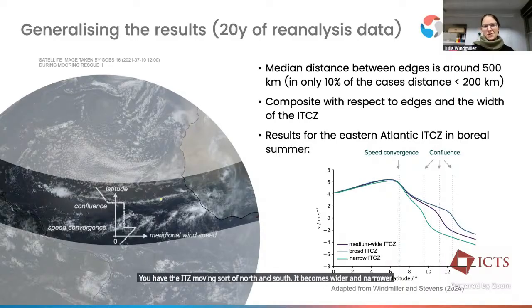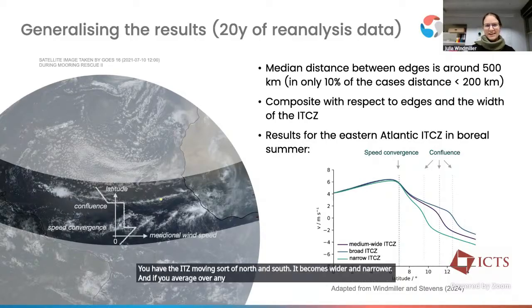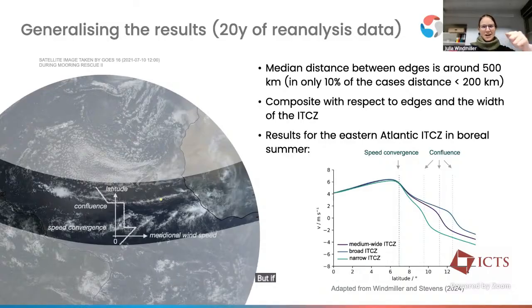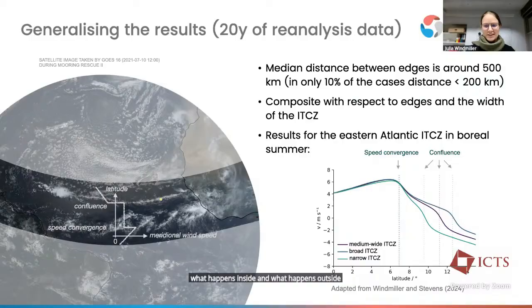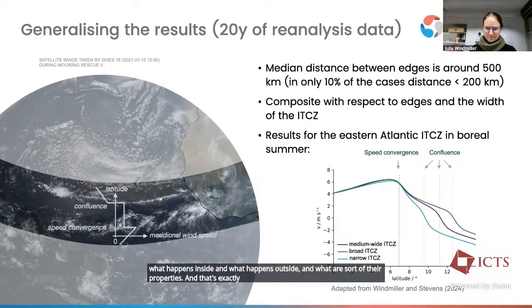And if you average over a long enough time period or a large enough spatial region, then you smear out the signal, and so you won't really see it. But if you now pick these two edges and say we're compositing with respect to these two edges, then you can actually try and see what happens inside and what happens outside and what their properties are. And that's exactly what we did.